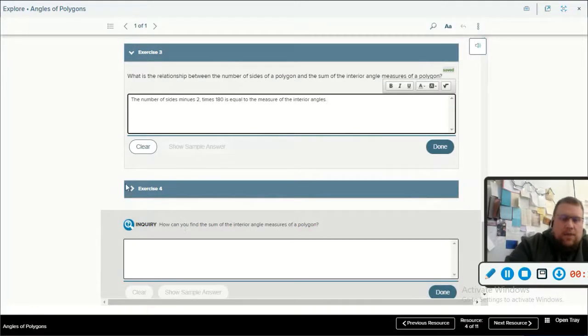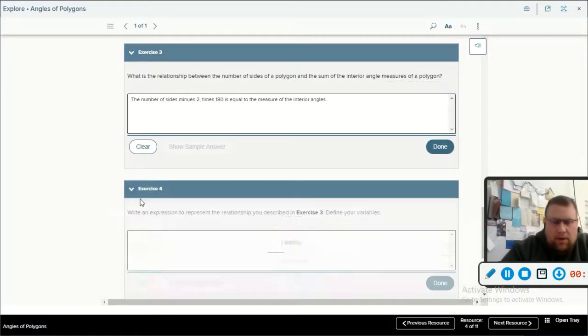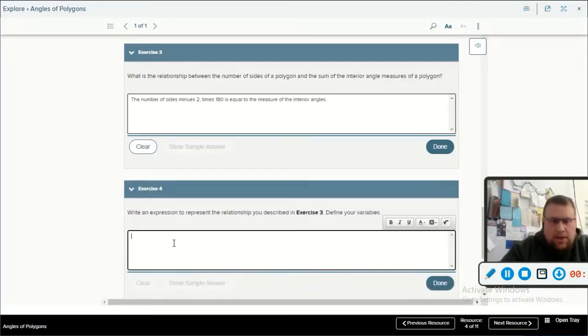And then last but not least, can we come up with an expression? Well, yeah, I could say let n be the number of sides, n minus 2 times 180 equals the measure of the interior angles.